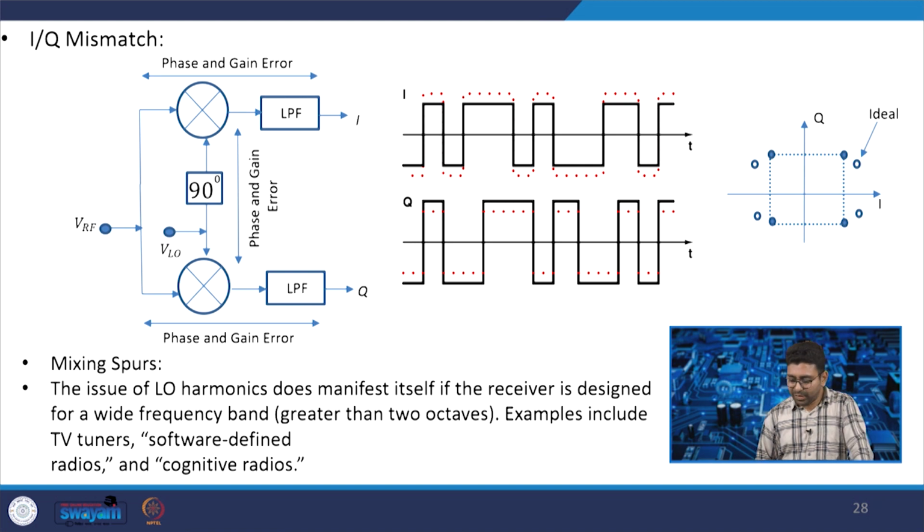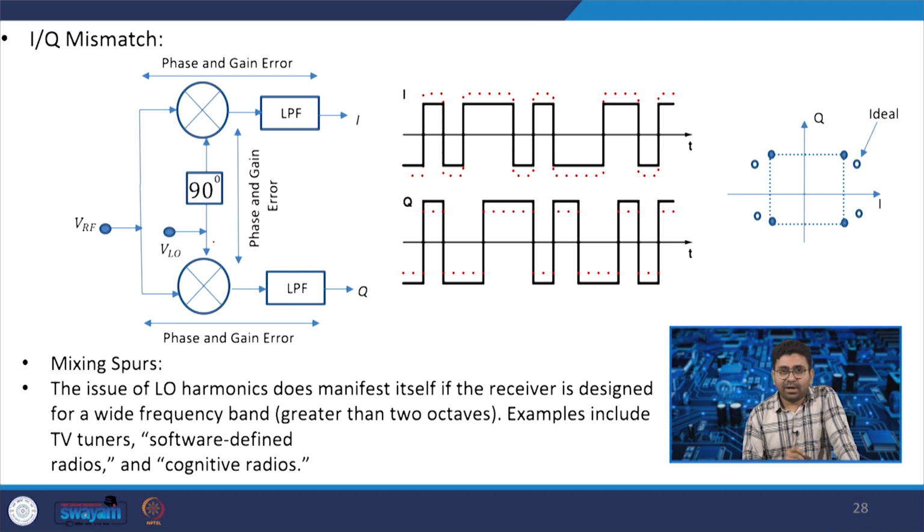Another problem is IQ mismatch. I already told you that when we design a direct conversion receiver, we use quadrature demodulation or quadrature down conversion. In the quadrature down conversion, you have the LO frequency, and then you apply sin omega LO and cos omega LO.